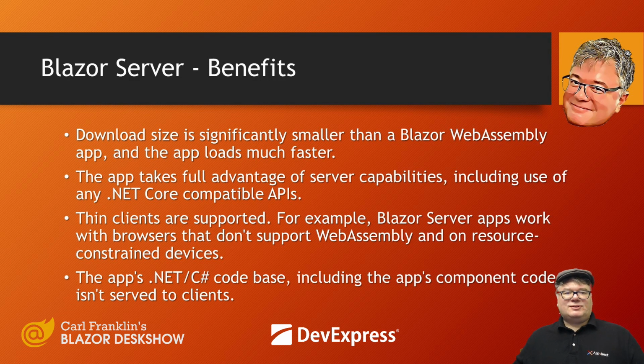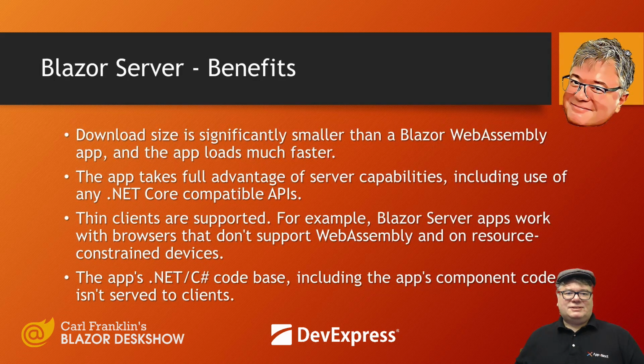The app is also running on the server, so you get all of the things that come with server-side programming, access to all of the .NET Core APIs. You can call into services that require authentication because the code isn't exposed to the browser.